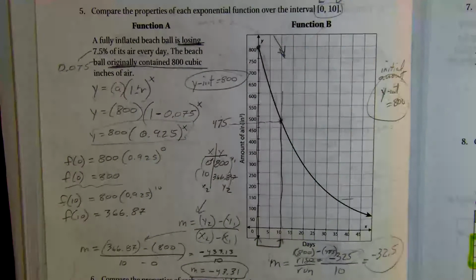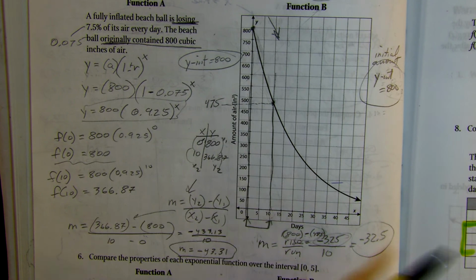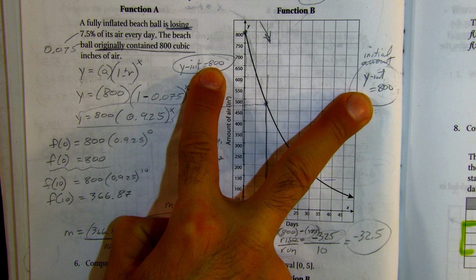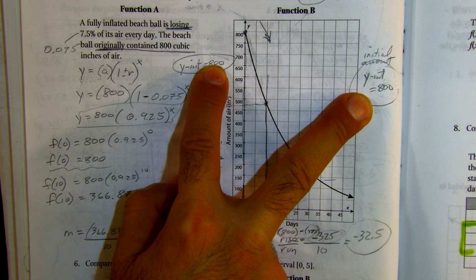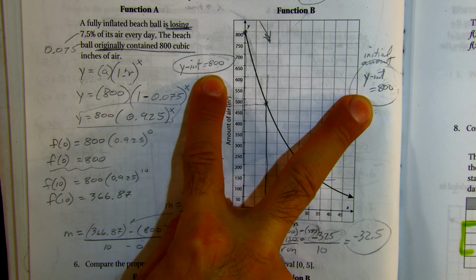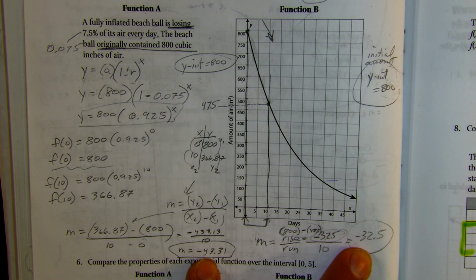All right, here we go. Let's go ahead and compare them. We just needed the y-intercepts and the slope. We have them. So I would say this about these two functions. Both functions A and B begin with an initial amount of 800. But seeing that they're both negative, we'd have to talk about which is decreasing faster.